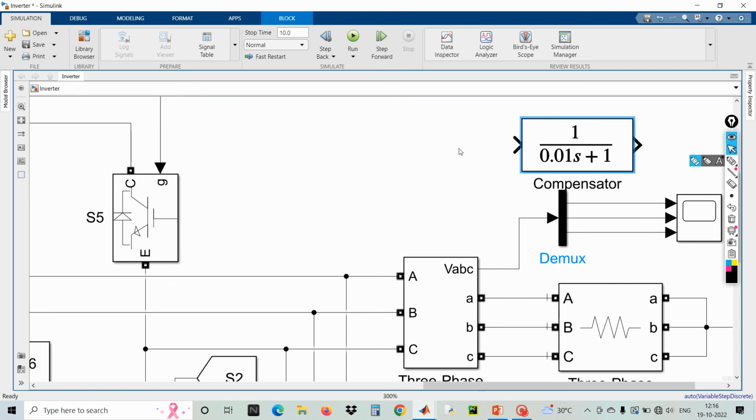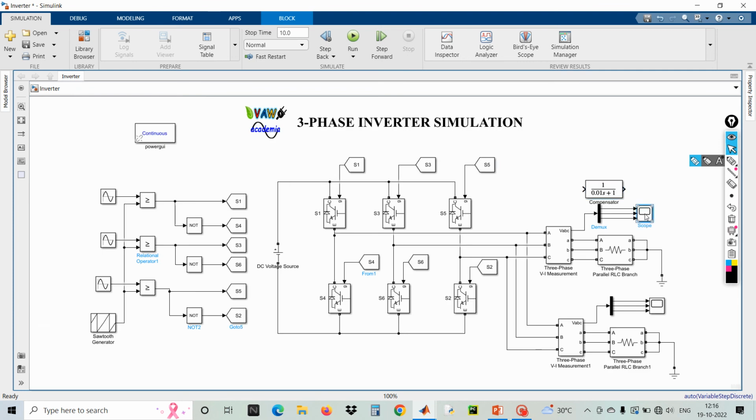I'm going to fix this compensator in between one of the phases. I'm going to convert the quasi square wave into a pure sinusoidal wave, because if you take any inverter, they'll mention that it's a pure sinusoidal inverter. What it means is we need to convert that quasi square wave into sinusoidal.